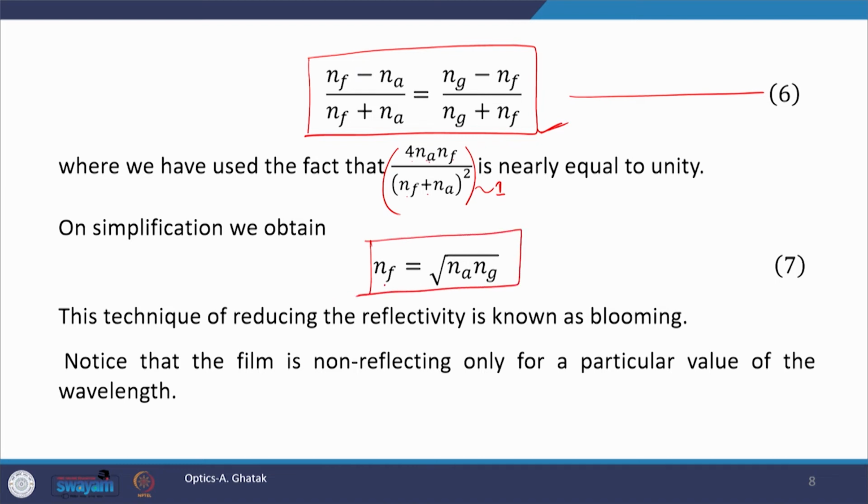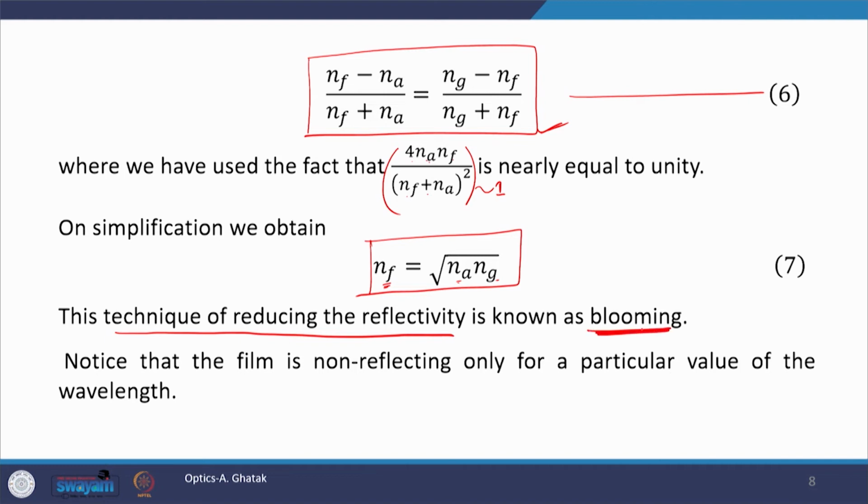It means, if the refractive index of the film is the square root of the refractive index of air into the refractive index of glass, then this film will work as an anti-reflecting coating. This technique of reducing the reflectivity is known as blooming.